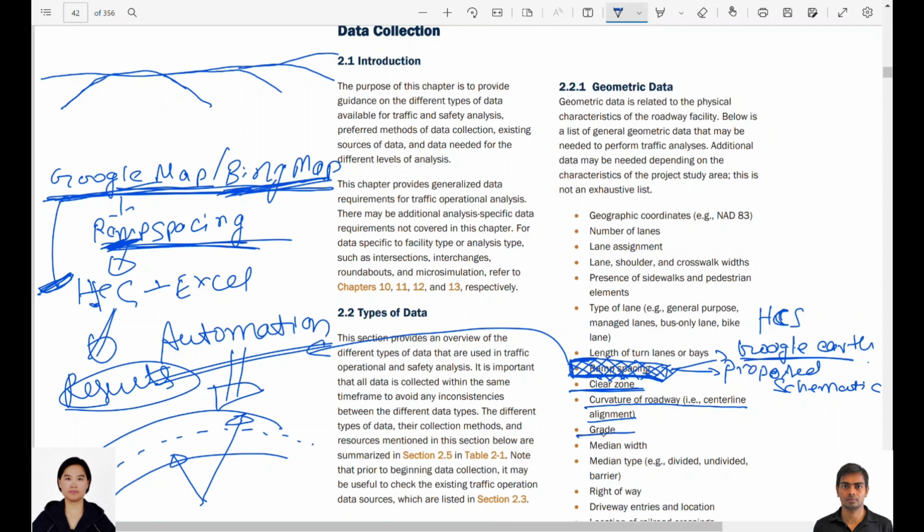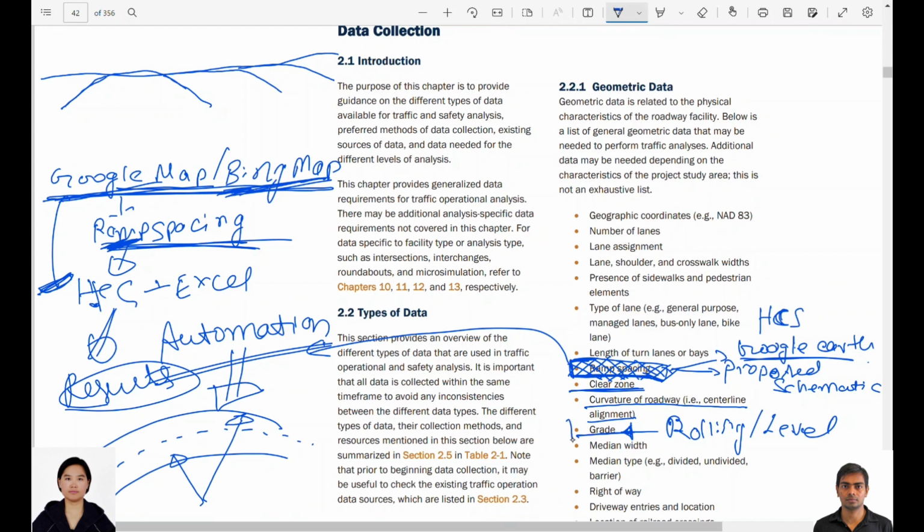Grade, which is the vertical grade, and this is again good information. Many times, in the absence of grade information, we assume the freeway to be rolling terrain, or sometimes some engineers use level terrain.